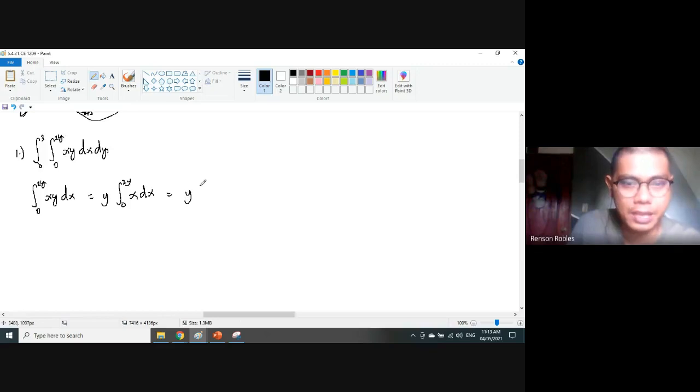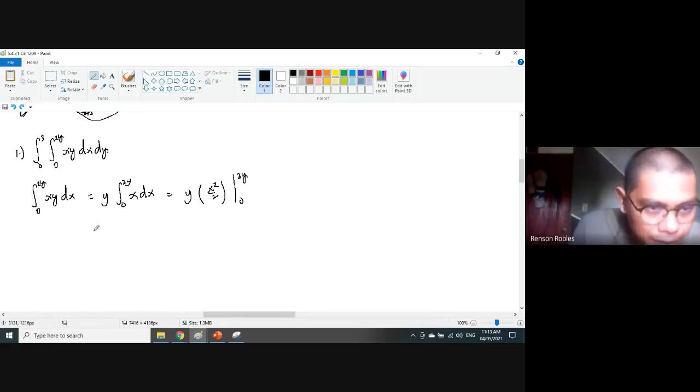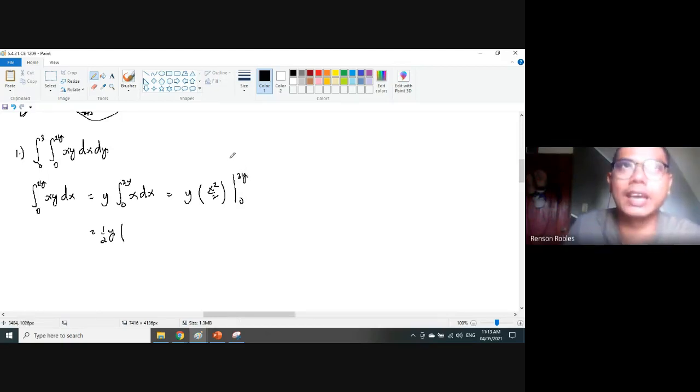You copy y. Then you integrate x dx, so that's x squared over 2, evaluated from 0 to 2y. And then you have one half y. And x squared is to be replaced by 2y. Again, saan ipapalit yung limit? On the variable of integration.